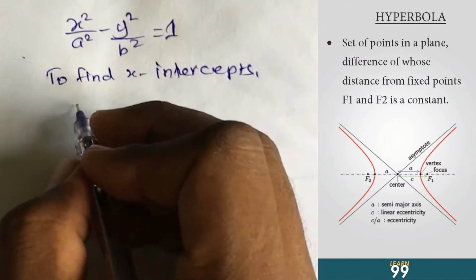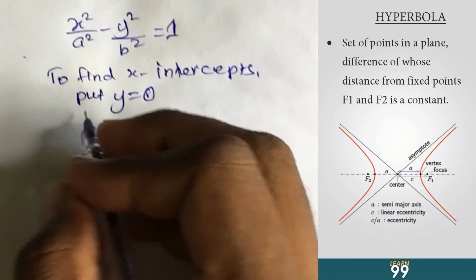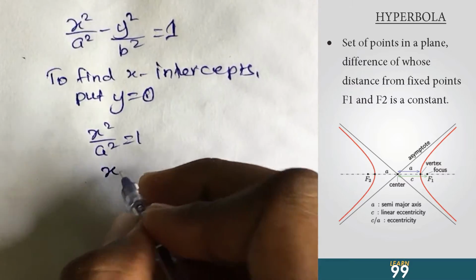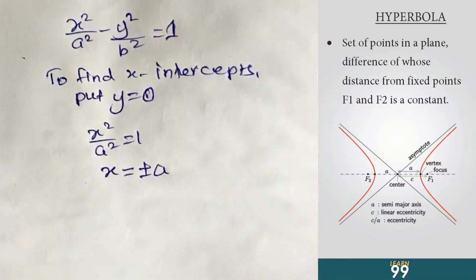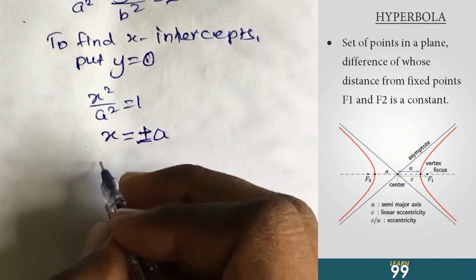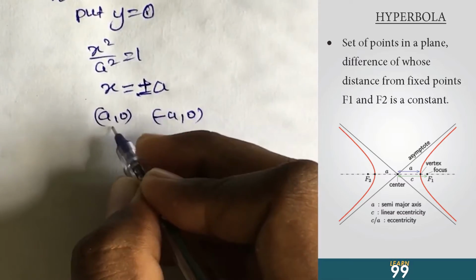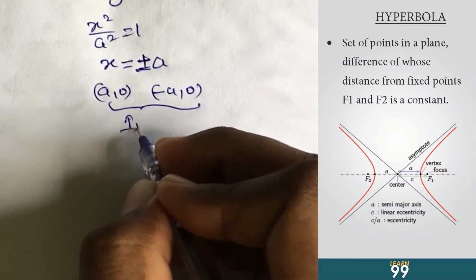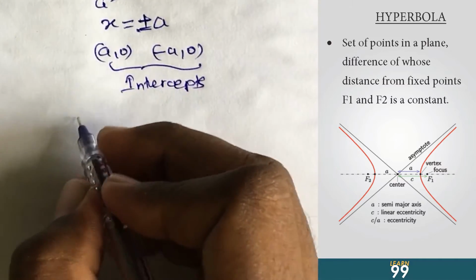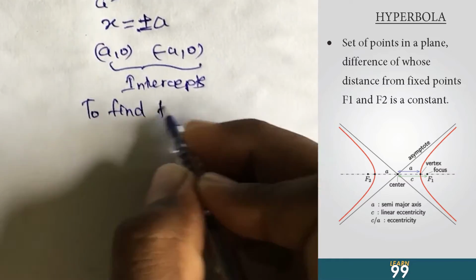Here also we can find the x-intercepts by setting the value y equals naught. So x squared over a squared equals 1, x equals plus or minus a. So our graph cuts the x-axis at a comma naught and minus a comma naught. These intercepts are called the vertices.